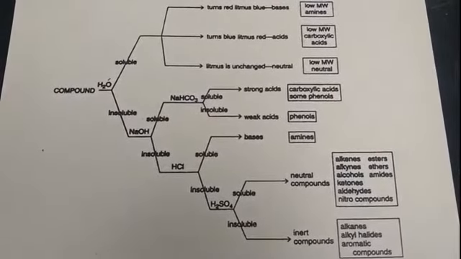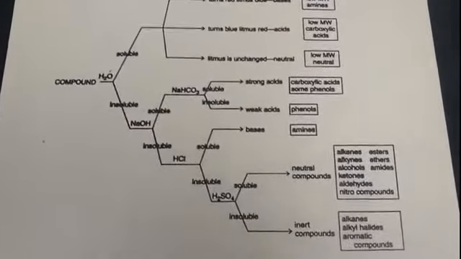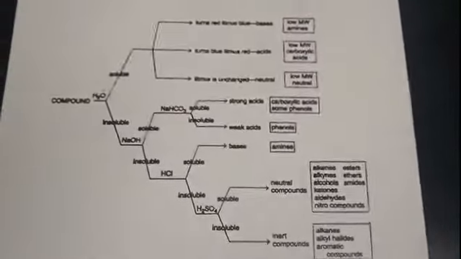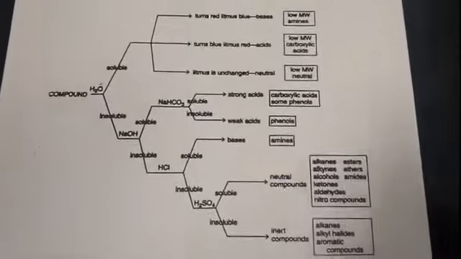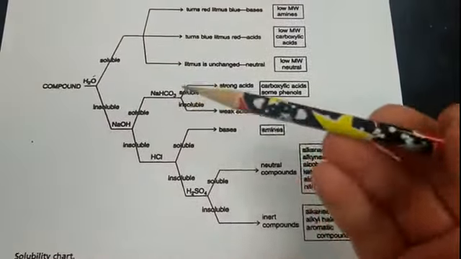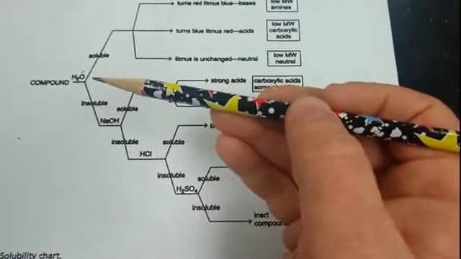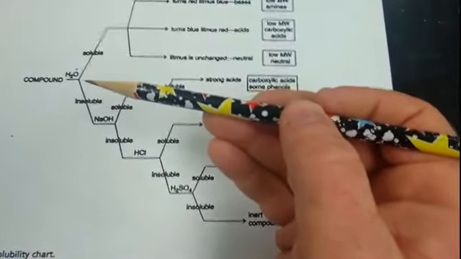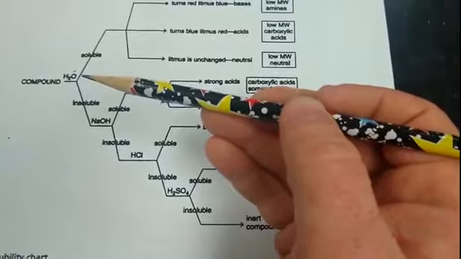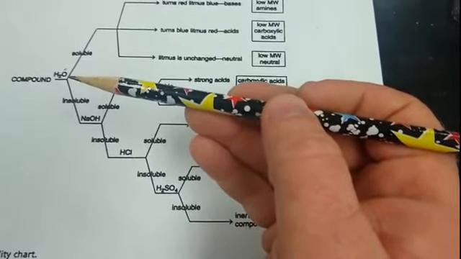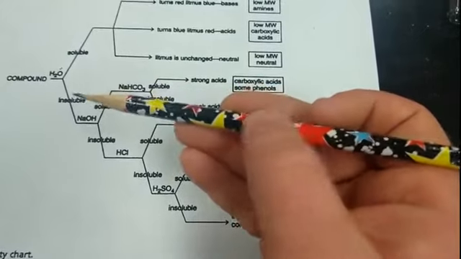Okay, so the one part of your unknown determination is determining the functional group class that your unknown is in. The way this works is you would have a test tube with a small amount of water, and if you put a couple drops of your unknown in there, you would determine whether it was soluble or insoluble.